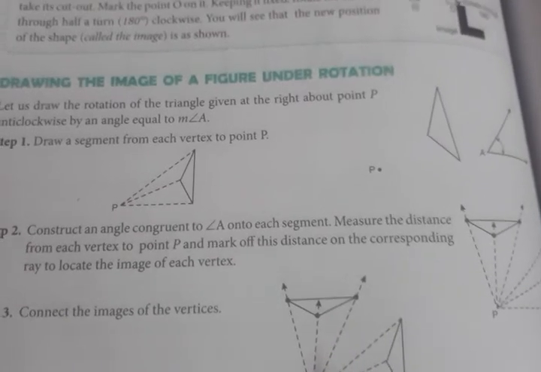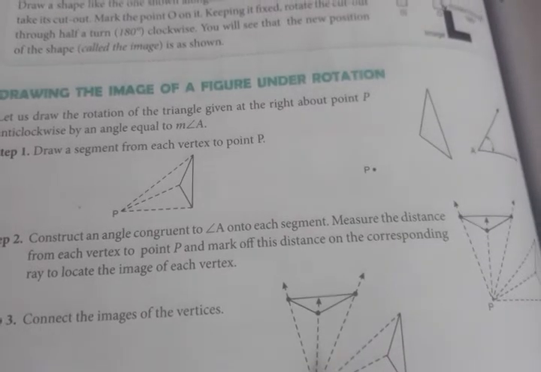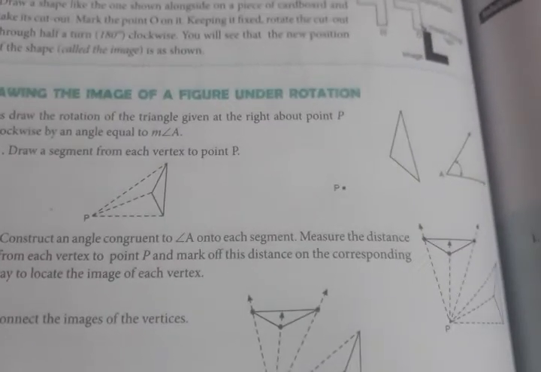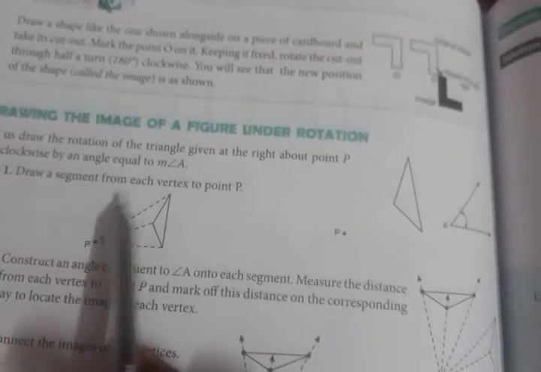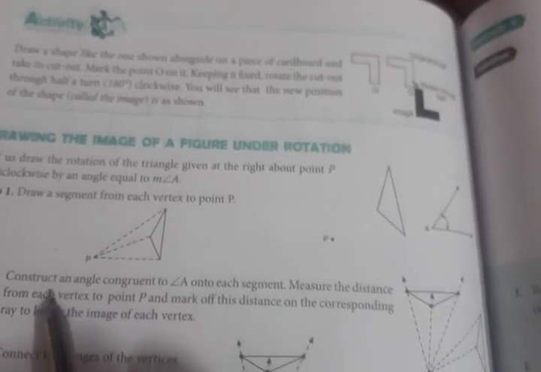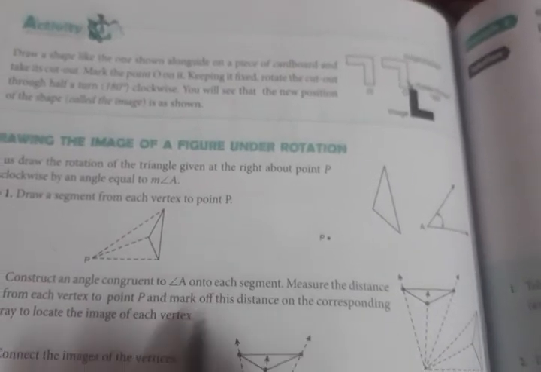Let us draw the rotation of the triangle given at the right about a point P anti-clockwise by an angle equal to the measure of angle A. So, draw a segment from each vertex to the point P. Construct an angle congruent to angle A onto each segment.